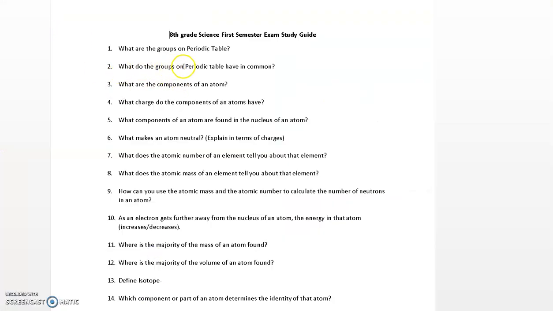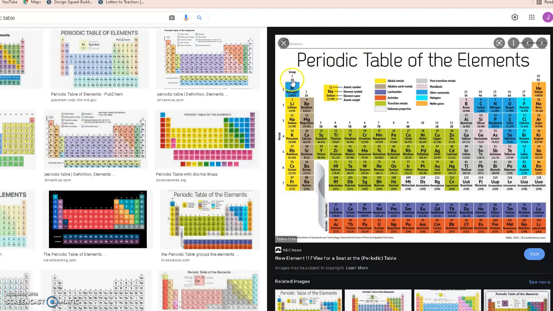Number 2, what do the groups on the periodic table have in common? Well, what they have in common is they all have the same number of valence electrons. If you look at them, the number that's in the ones place is the number of valence electrons.